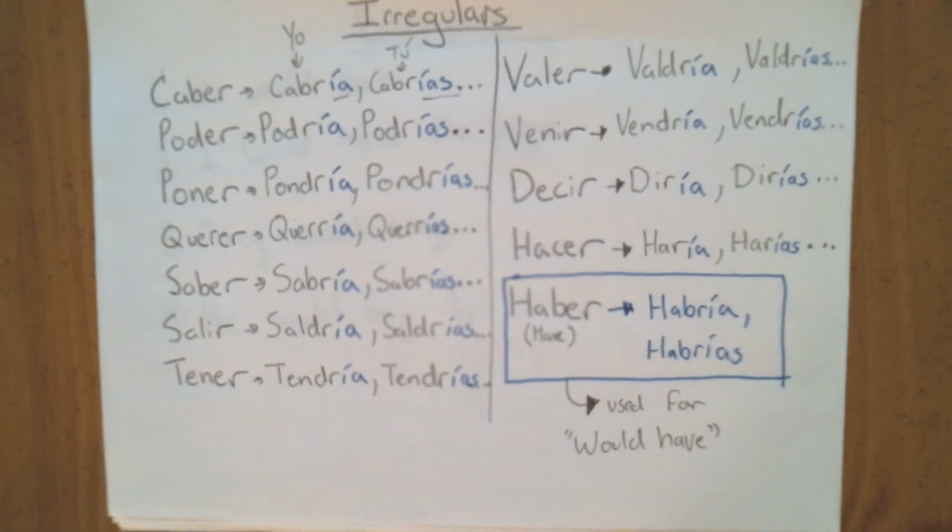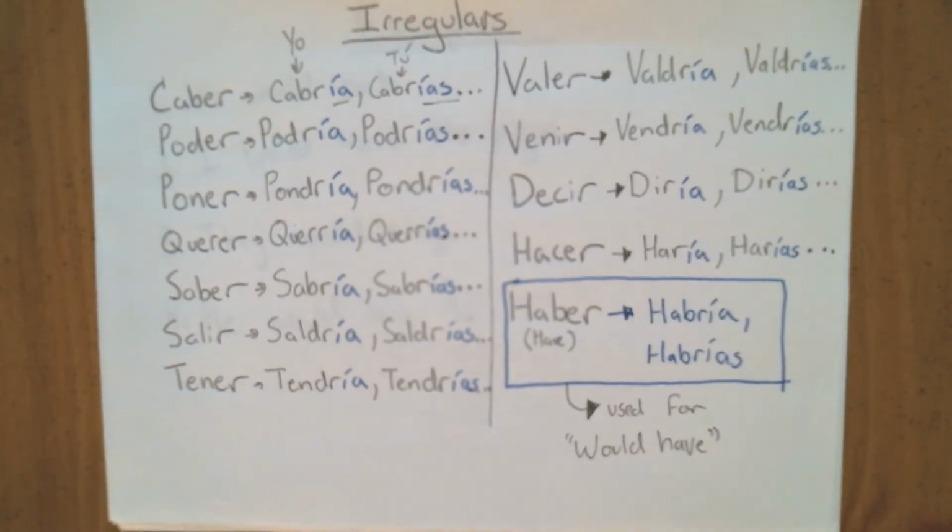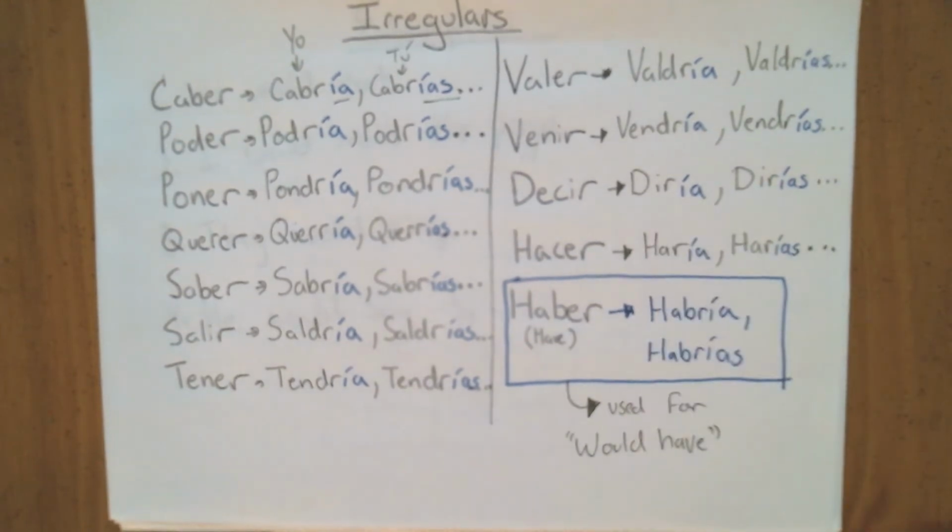In order for you to say in Spanish, I would tell or I would say, diría, not deciría, it's diría. So make sure you're very comfortable with these irregulars. This is the overwhelming majority of them, and once you memorize these, you're pretty much okay for your irregulars for the conditional tense, otherwise known as the would form in Spanish.